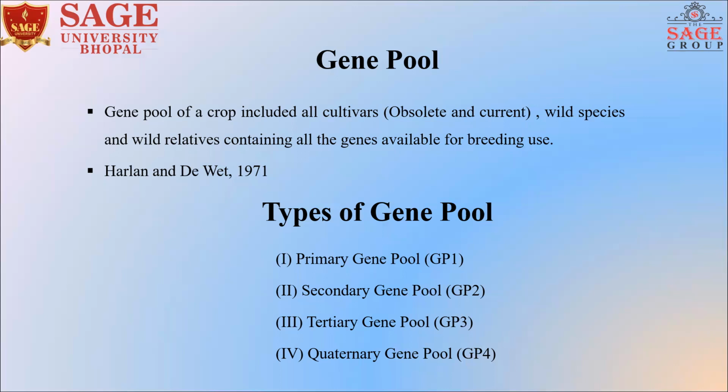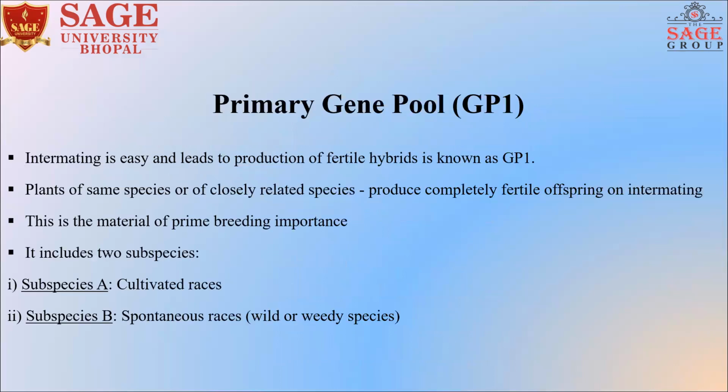Based on the concept of hybridization as well as compatibility study, the gene pool can be classified into four types: the primary gene pool, the secondary gene pool, the tertiary gene pool, and the last one, the quaternary gene pool. We will discuss one by one what each means.